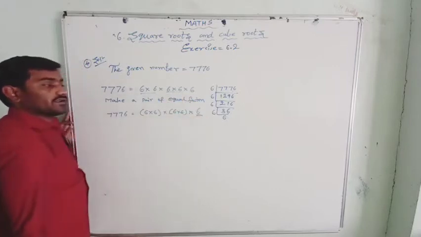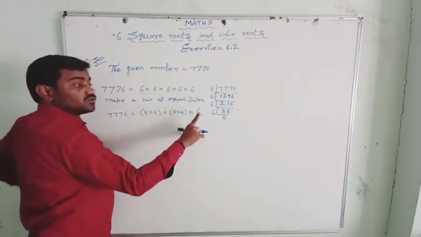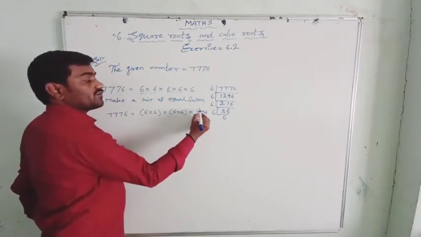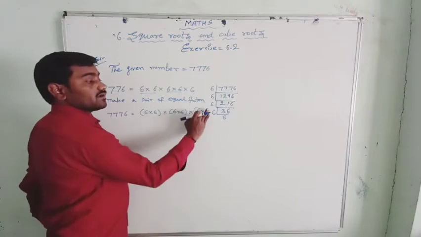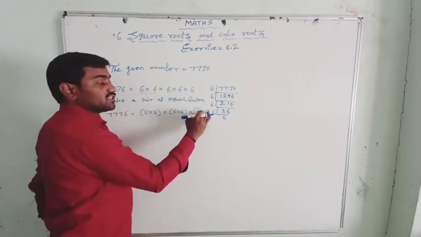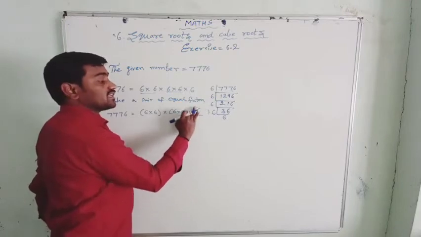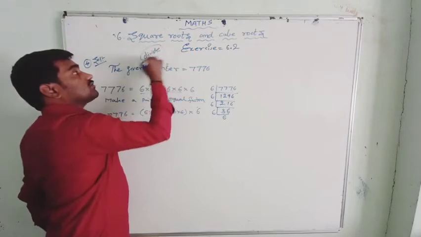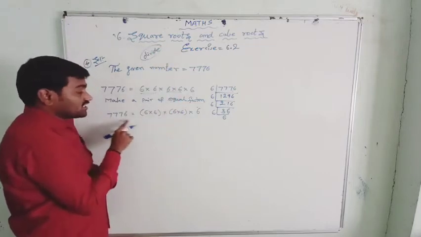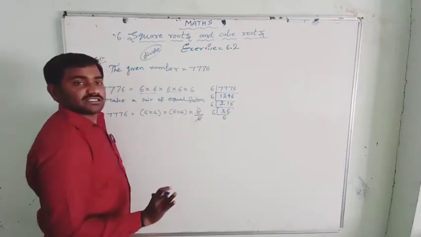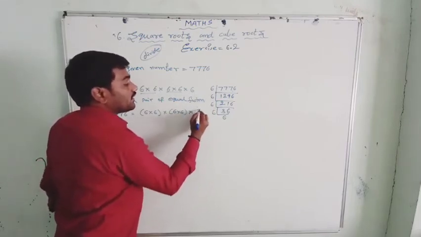This last 6 is single, so this 6 should not be there. If you need a perfect square, you would need to multiply by 6 to make a pair. But the question says to divide. What is the smallest number we have to divide by so that this number becomes a perfect square? We have to divide by 6 to eliminate this 6.